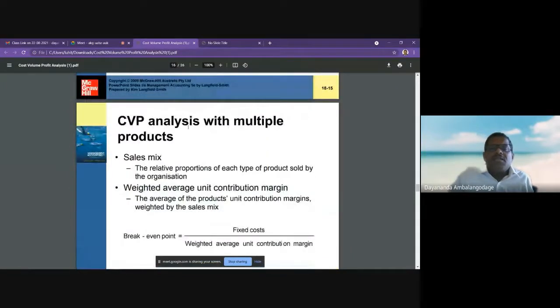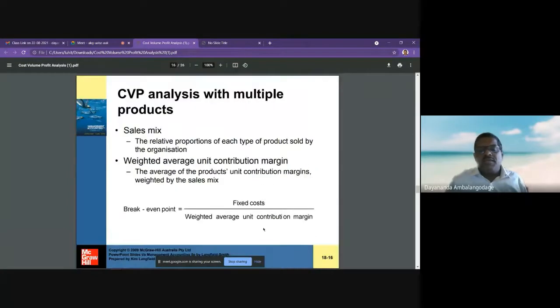Then CVP analysis with multiple products: sales mix, the relative proportion of each type of product sold, weighted average unit contribution margin, fixed cost divided by weighted average unit contribution margin gives the break-even.